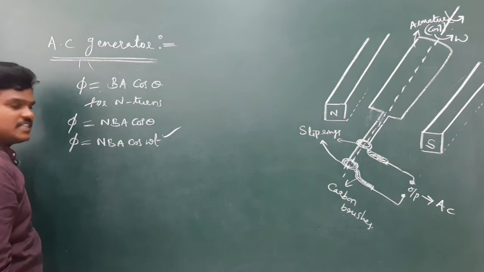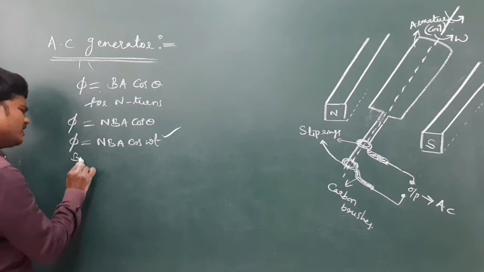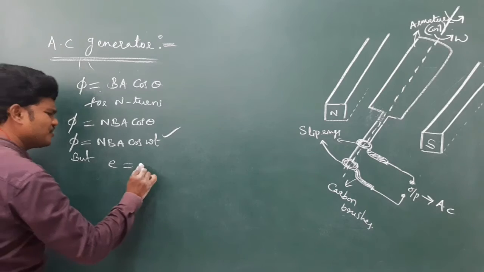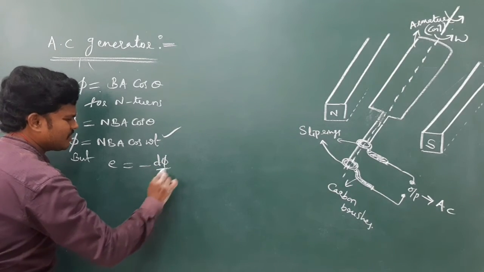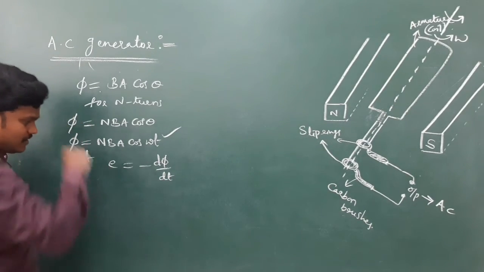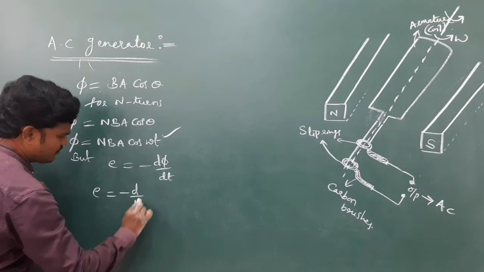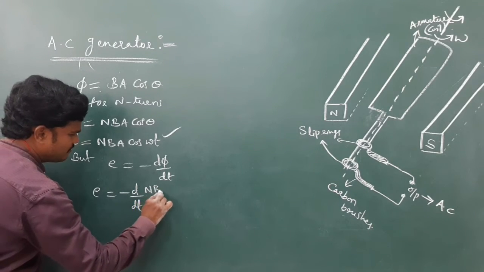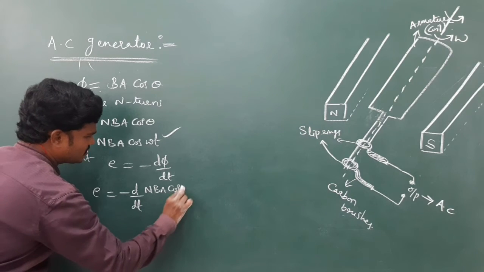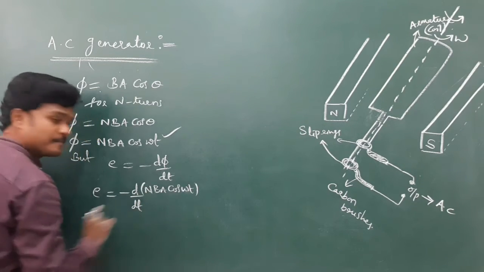So anyhow, I got the flux. From Faraday's law of induction, EMF is equal to minus d phi by dt. Now let us find the EMF. It is minus d by dt of NBA cos of omega t.